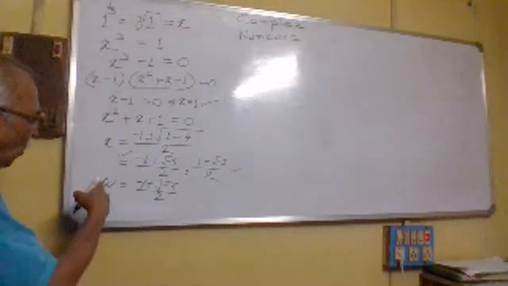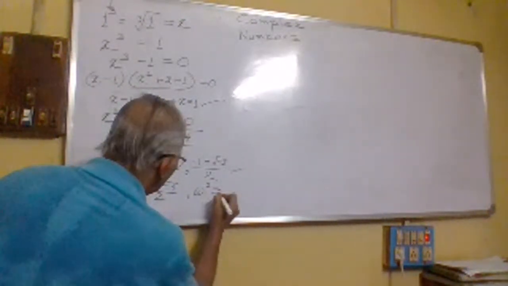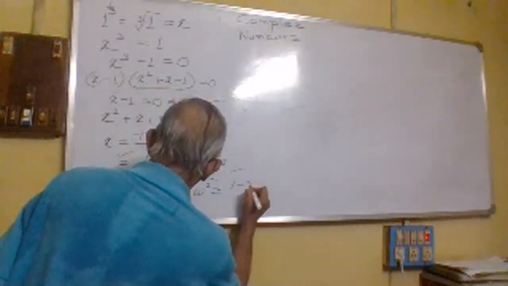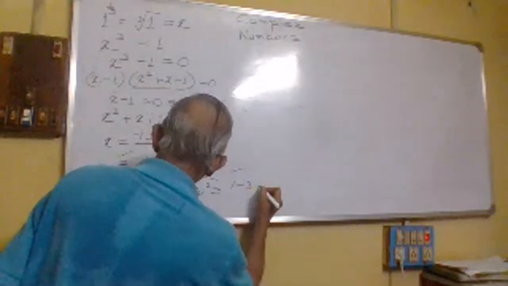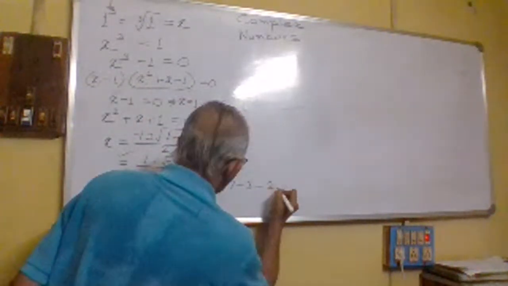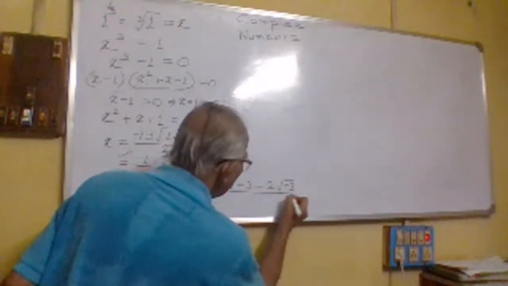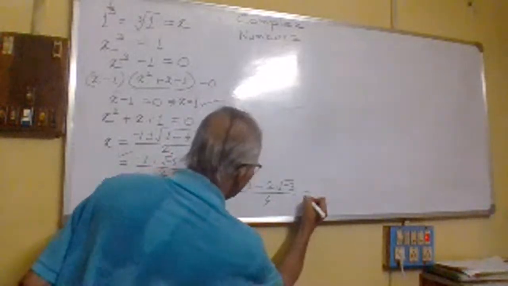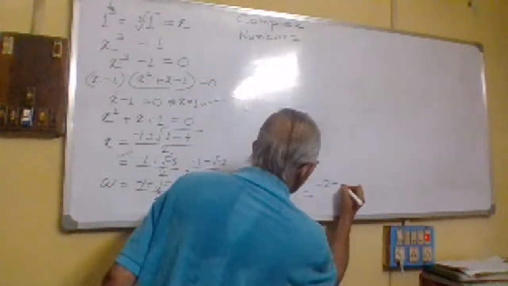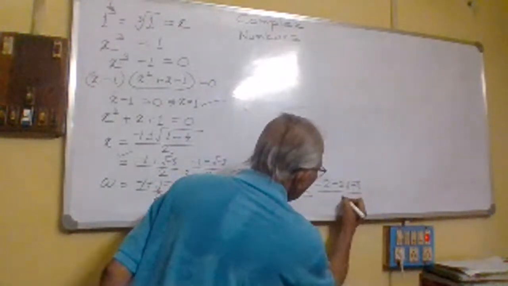If we square it, we get omega square equals 1 minus 3 minus 2 root minus 3, by 4, that is equal to minus 2 minus 2 root minus 3, by 4.